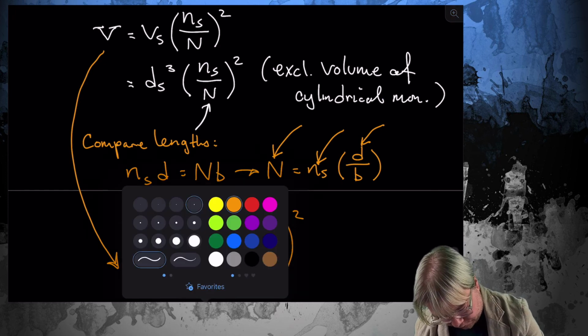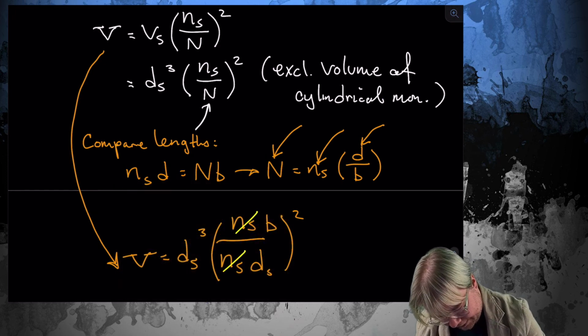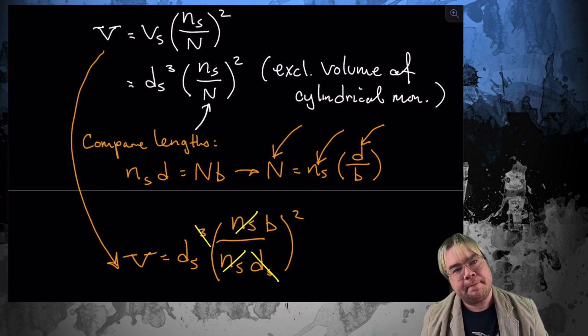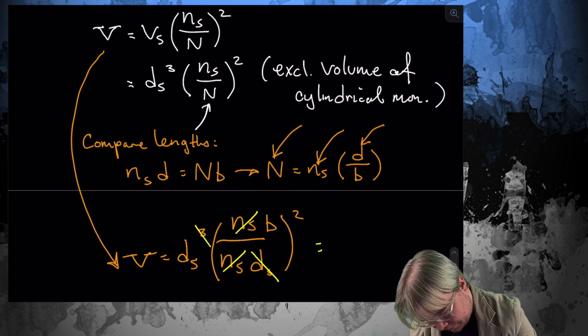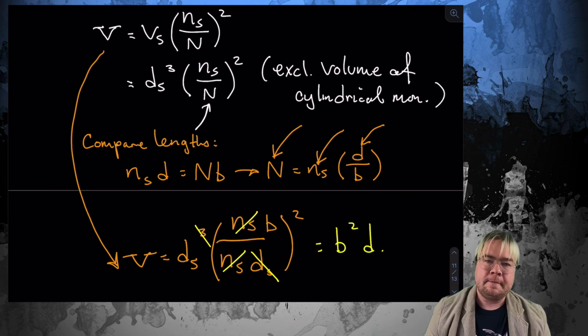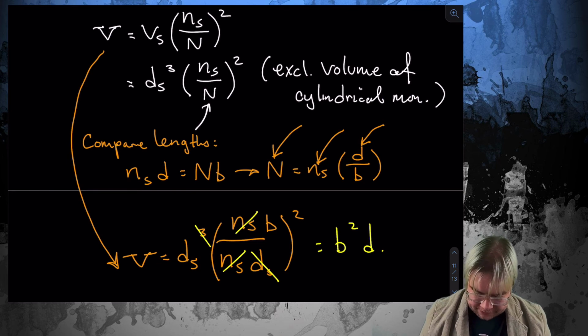And what cancels here? Well, n_s cancels. This is d_s squared, so that goes away. And this becomes b squared d. All right? So that's going to be important.